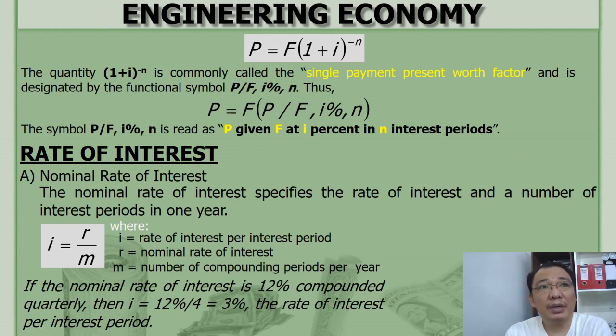For example, 3 years compounded quarterly: n will be 3 times 4, because every year there are 4 compounding periods. So for 3 years, 12. So your n is equal to 12. Remember that interest periods are not the number of years.